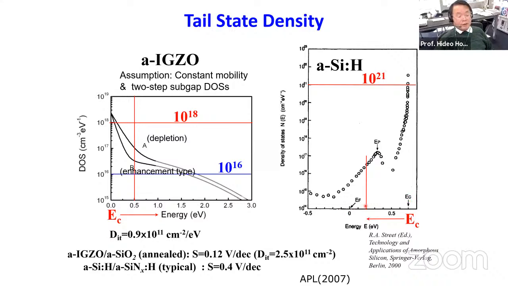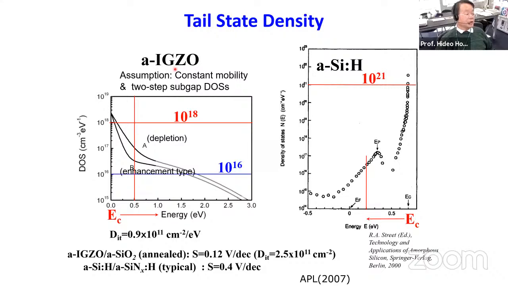To induce band conduction, we have to overcome such a high concentration of trapped states. That's why in the amorphous silicon case, shifting the Fermi level from here to here was impossible. It always stopped around here.